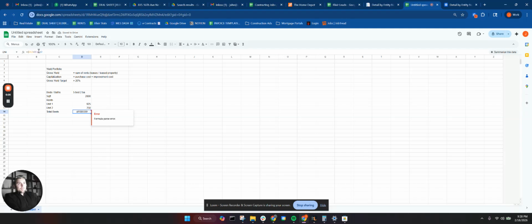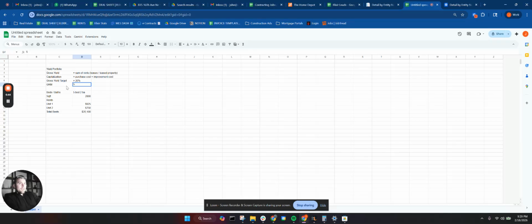So yeah, there we go. So about 20,000. Like I said, at the end of the day, this doesn't really matter. We're just trying to back into a yield target. So basically, the inverse metric, like I said, the inverse of a yield target is a multiple, and so it's a gross rental multiplier.